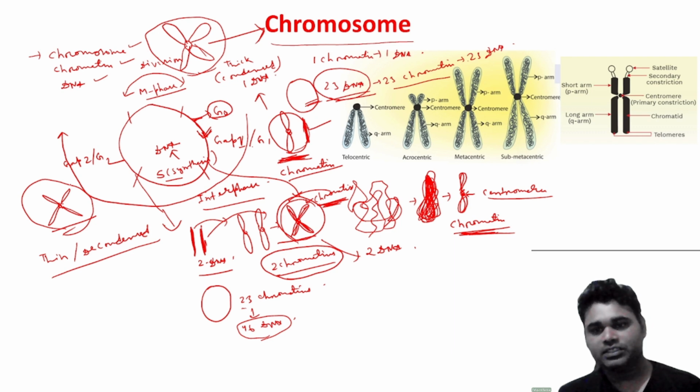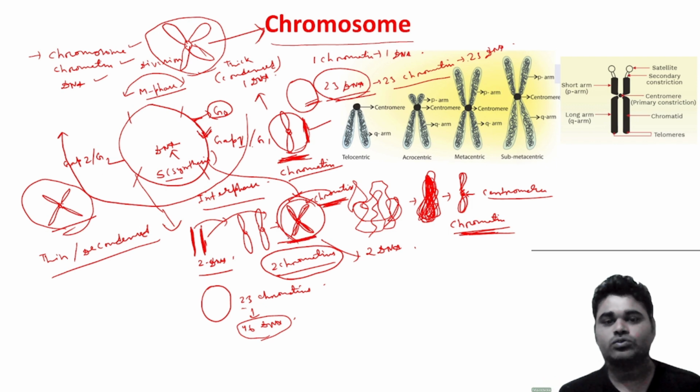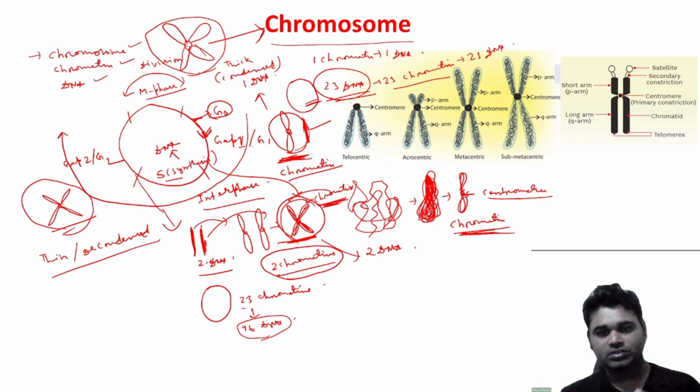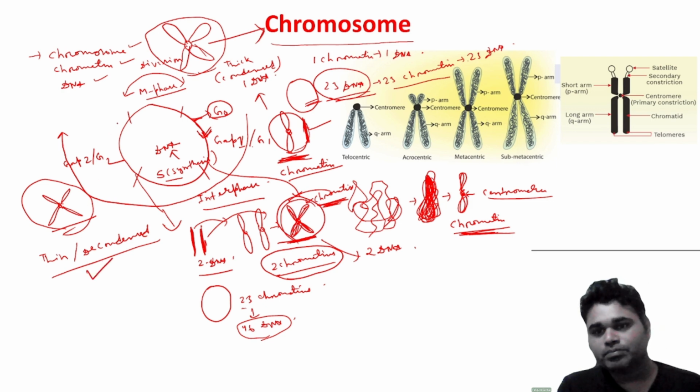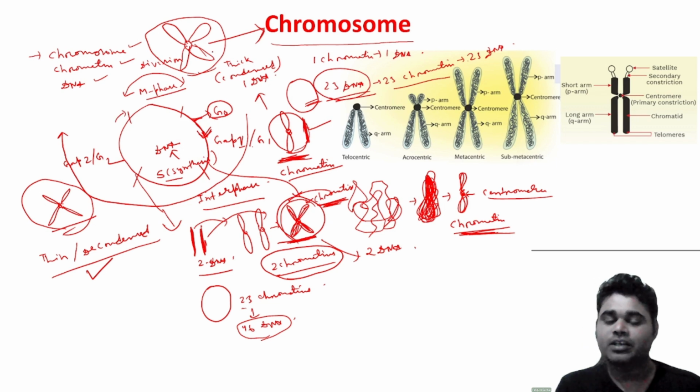At the S phase and the gap 2 phase, this is also called the chromatin, but it contains 2 DNA, and these chromatins are present in the very thin, or decondensed manner. But after going to the M phase, it becomes very thick or condensed, and now this is called the chromosome.